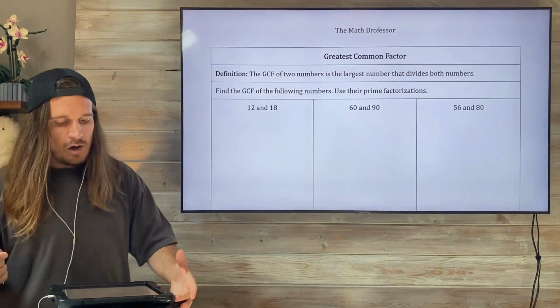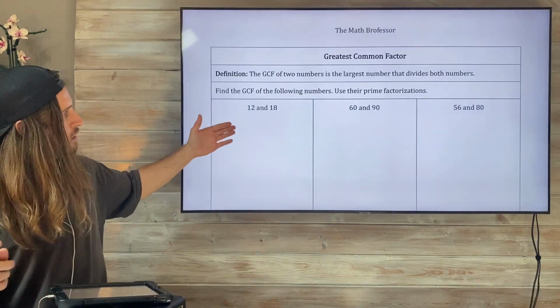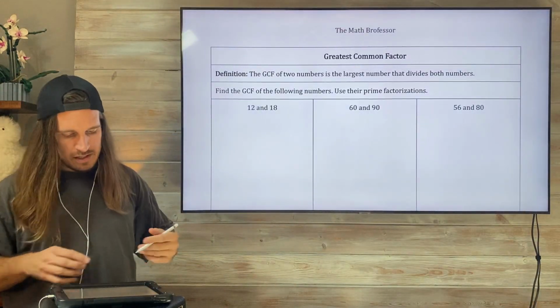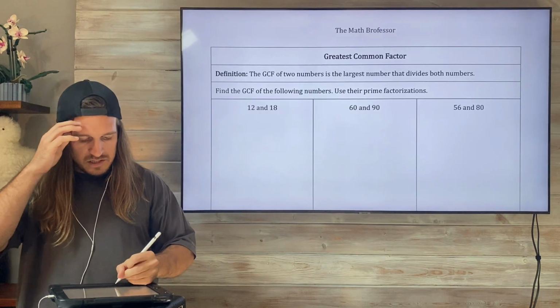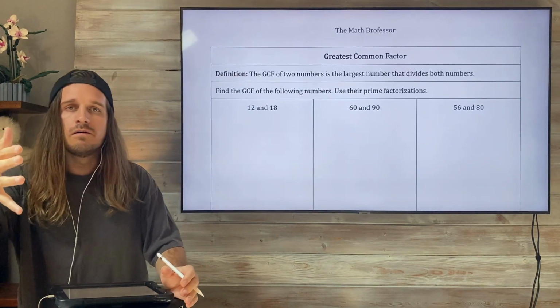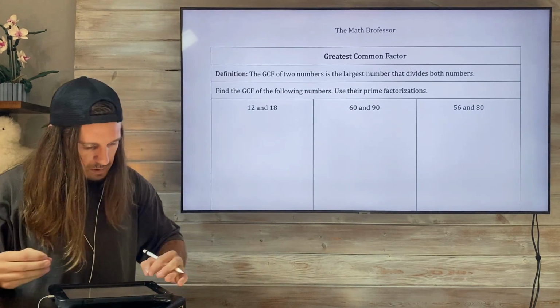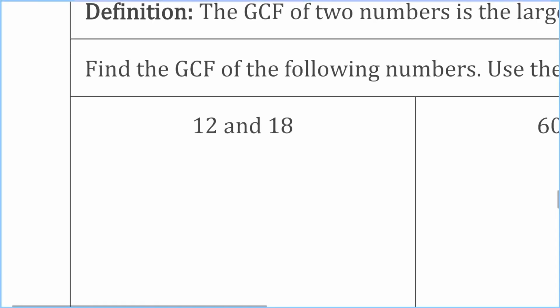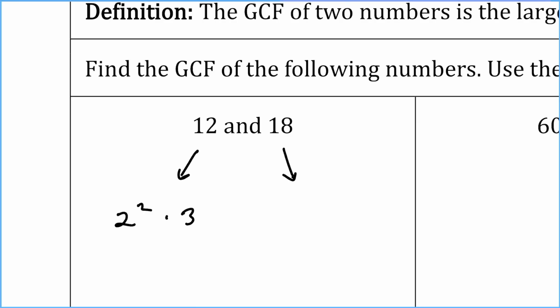So for the first row here, we've already done the prime factorizations. If you skipped ahead to this part of the video, I'm not going to redo these prime factorizations. The prime factorization of 12 was 2 squared times 3, and the prime factorization of 18 was 2 times 3 squared.